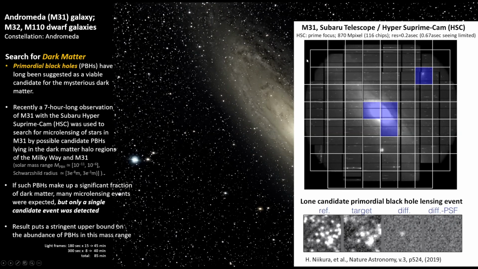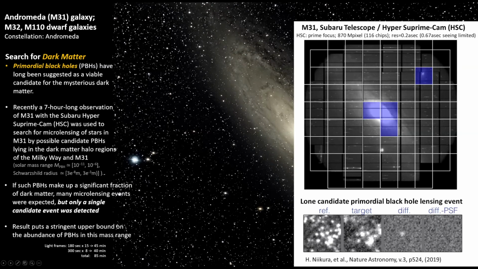But they have a much better, much bigger camera. It's made up of 116 sensor chips, where the chips are really not so different than the sensor chips that are in my system, but it provides an 870 megapixel camera, so they can collect a lot of data fast, and they can collect a lot of light with their 8-meter mirror.